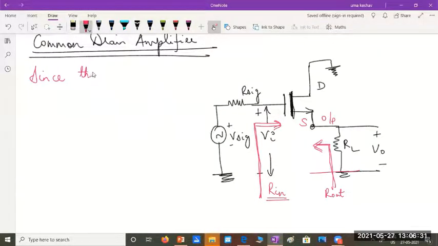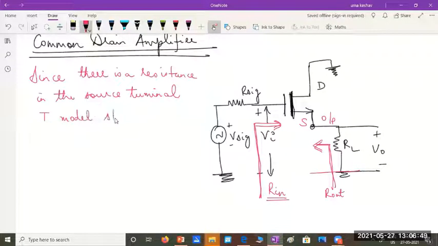T model. Since there is a resistance in the source terminal, the T model should be used to replace the MOSFET.